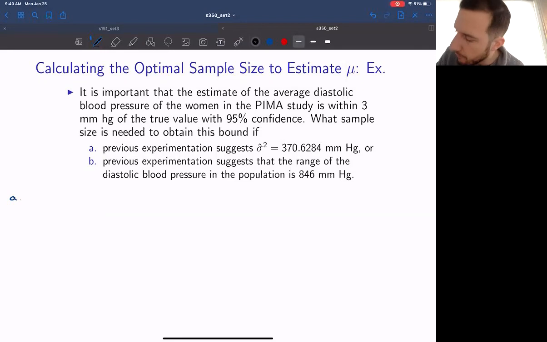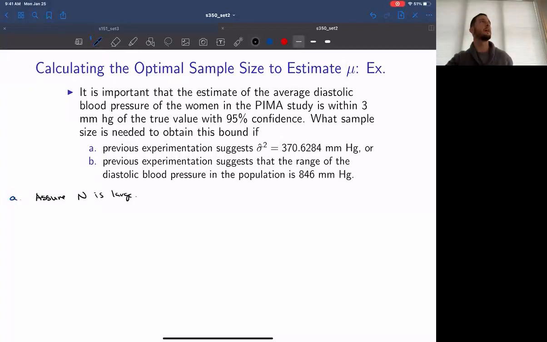But just for completion's sake, we'll assume n is large. And in fact, I think from a previous example, we were given that capital N should be approximately 768 for this study. So we can actually show the effect of this for a comparison later. But let's assume n is large for now.